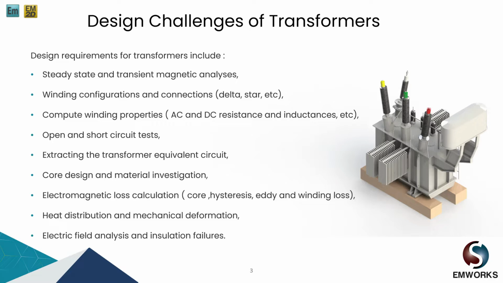Finally, insulation failures have to be investigated to limit the breakdown voltages. So in case we have high voltage, there might be some breakdown voltages. This is why we need electric field analysis.